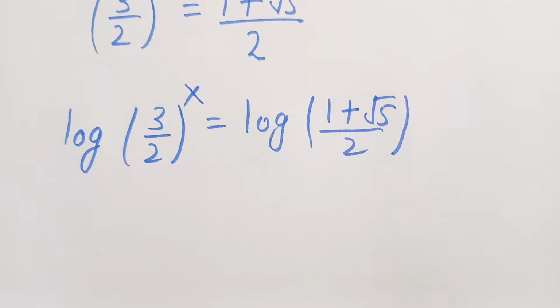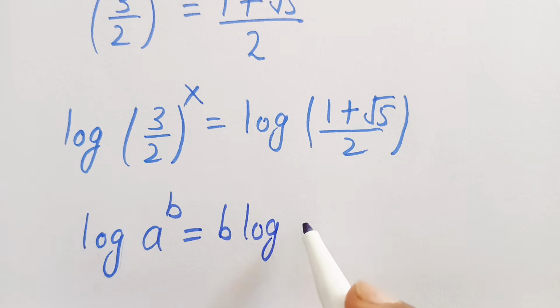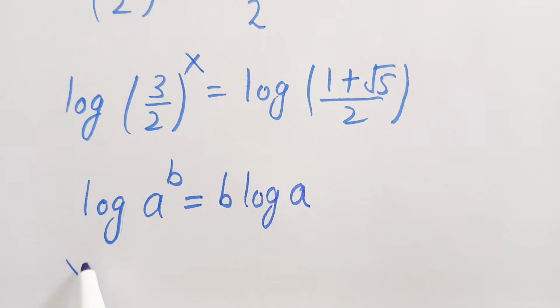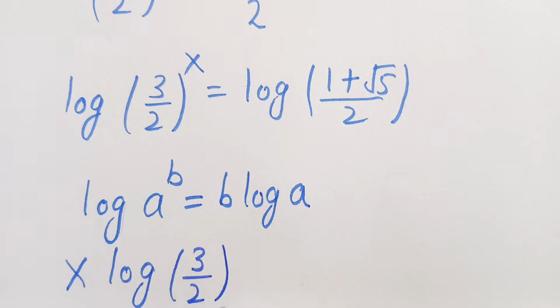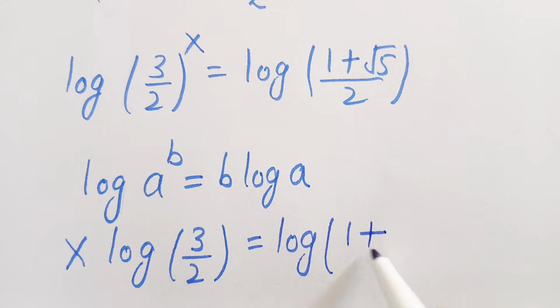Now by using the log property, that is log a to the power b is equal to b log a, this becomes x log 3 by 2 is equal to log 1 plus square root 5 divided by 2.